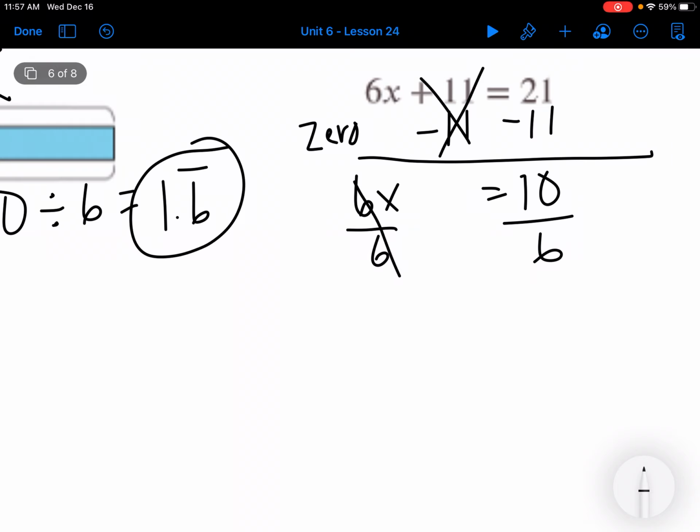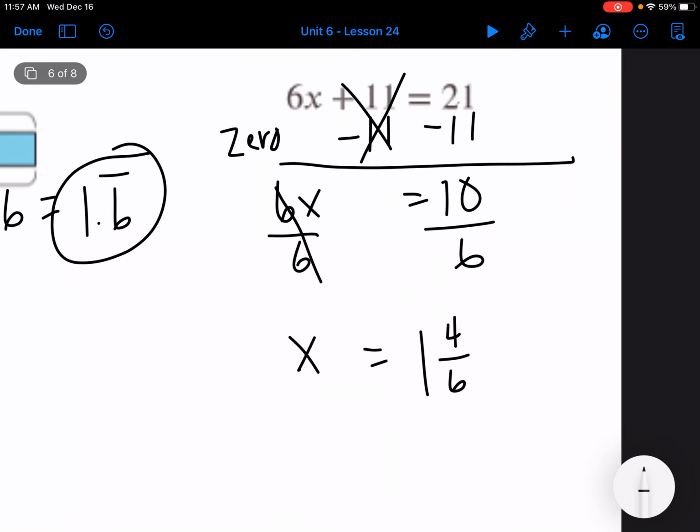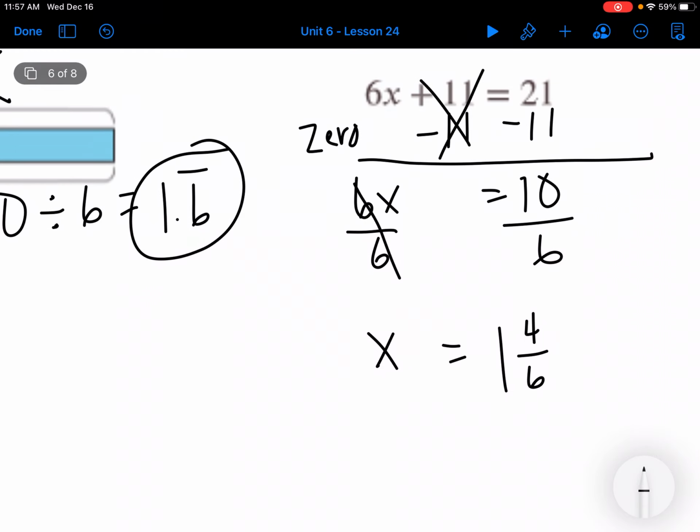So 6 divided by 6 leaves me with 1x. 6 goes into 10 one whole time with 4 6ths left over. Or you could draw it out. So 1, 2, 3, 4, 5, 6, 7, 8, 9, 10. So that's one group with 4 pieces left over. So, or 1 2/3, because 4/6, I know you know, reduces to 2/3.